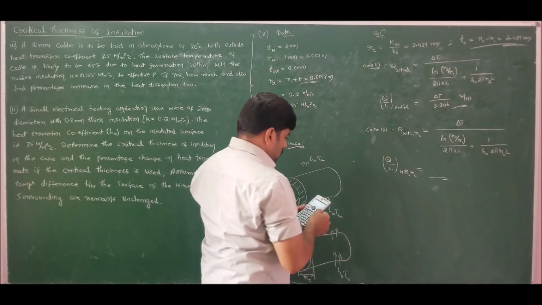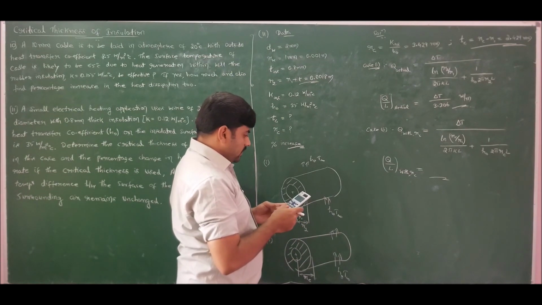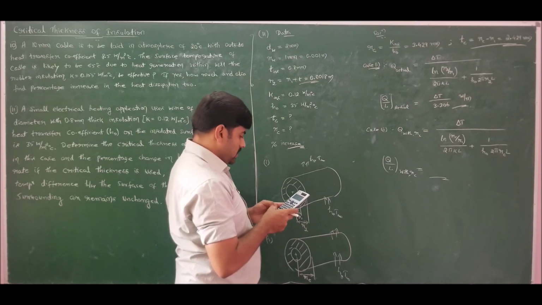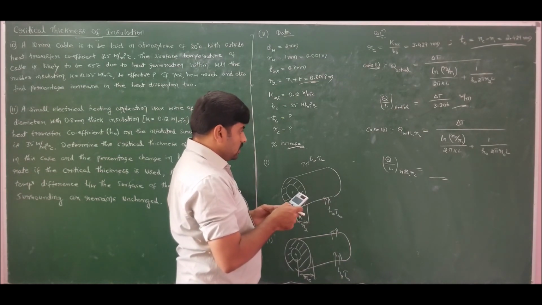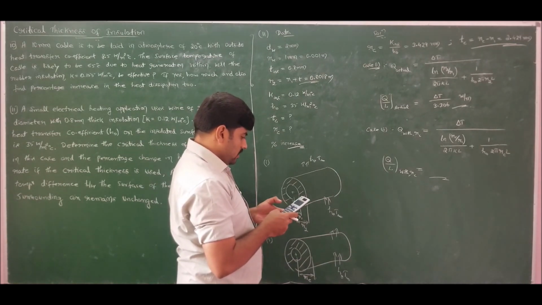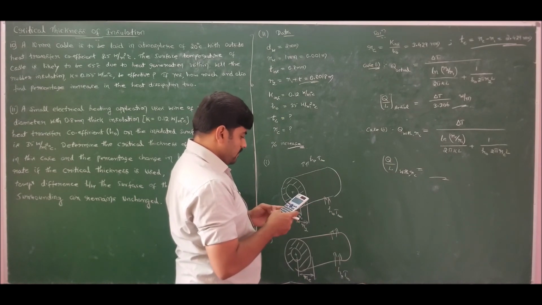Now let us solve for Q with critical radius. Delta T divided by ln of RC, RC is 3.429 divided by R1 is 1 mm, divided by 2 into pi into thermal conductivity of insulating material, 0.12 per meter length.